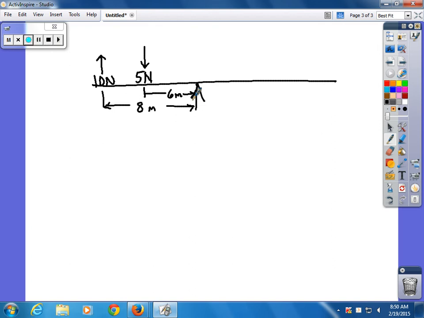And a 50 Newton force at 2 meters. That's 2 meters right there. And then a 6 Newton force at 3 meters.